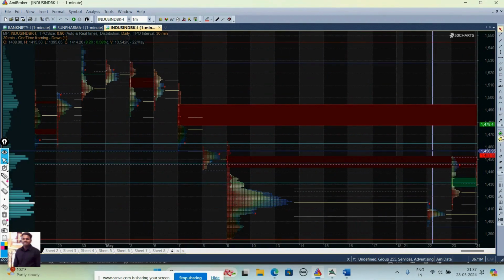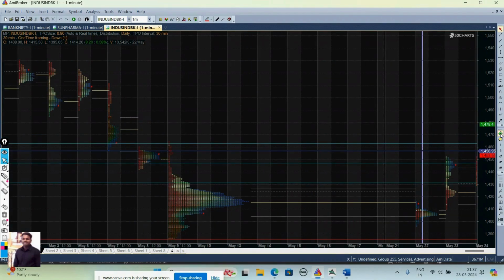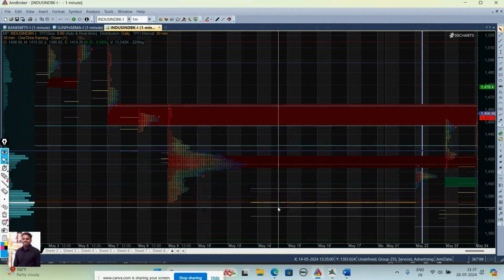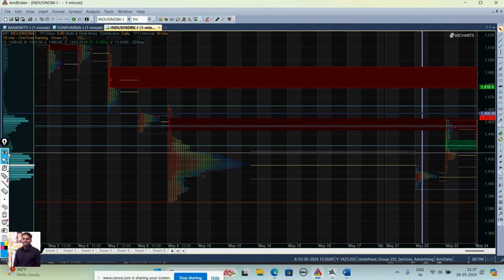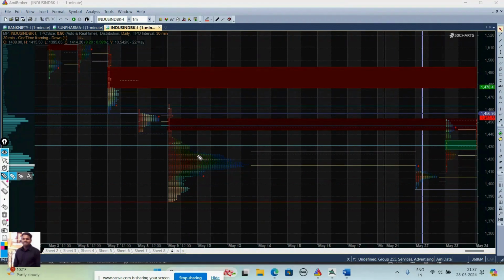What will happen, the TPO count in the center is more than 43, it is overdevelopment. And if you join the bell curve structure, it looks like this. Whenever there is overdevelopment around the center, price will go to the opposite side of the direction. Exactly it will happen here.